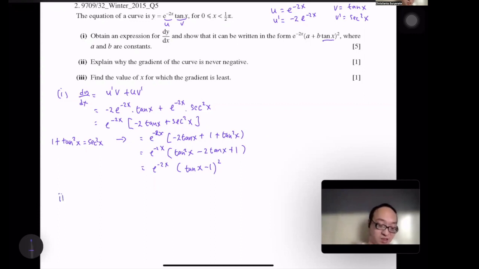Second, explain why the gradient of the curve is never negative.